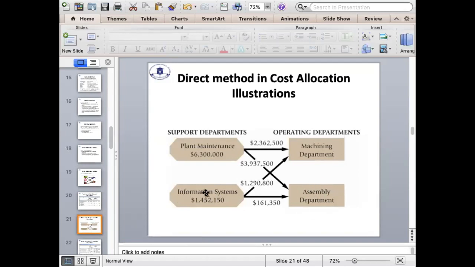So we do not allocate anything from here to here, just from here to here. Now, the question is how we got this and this number.